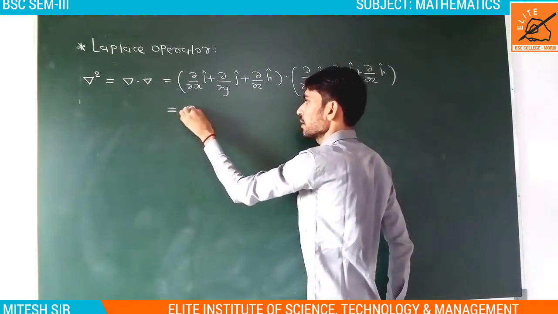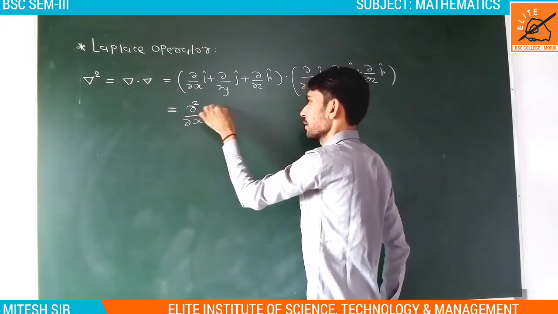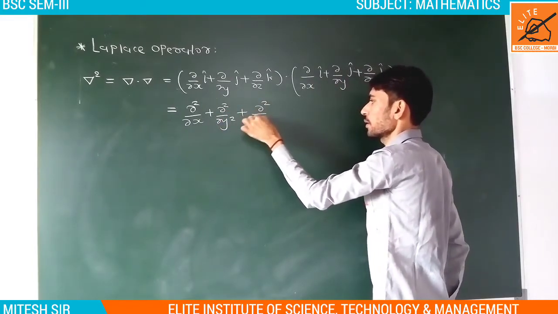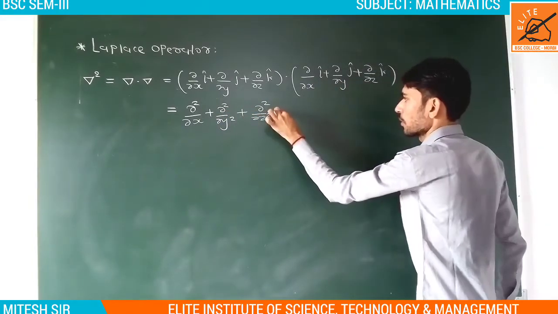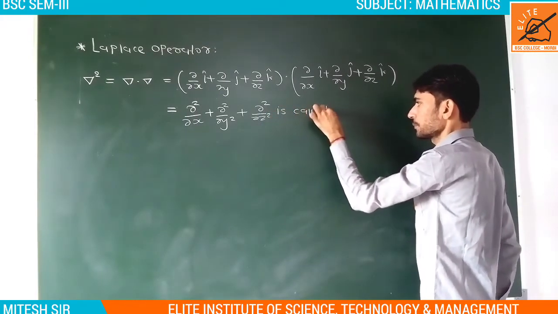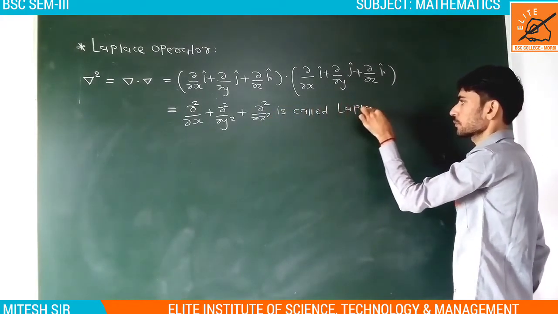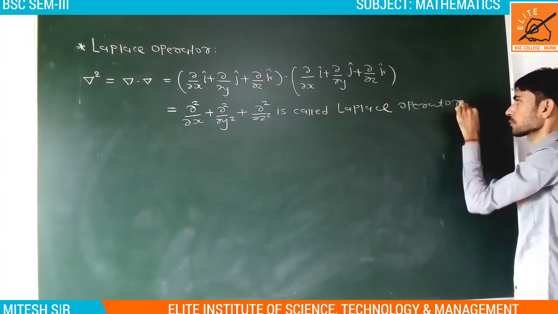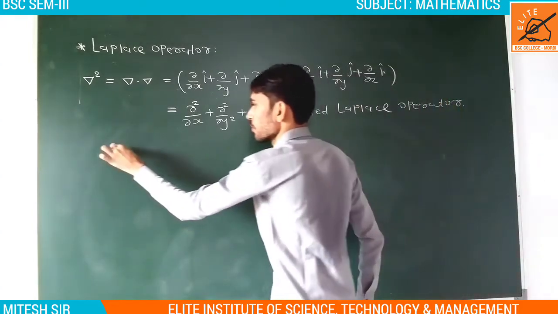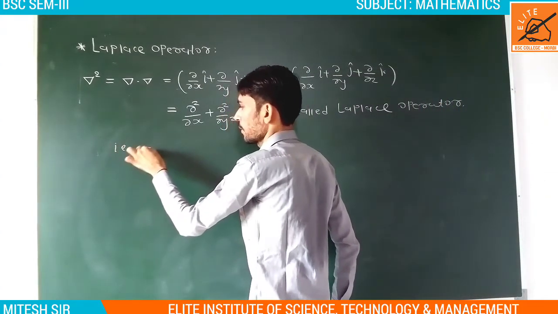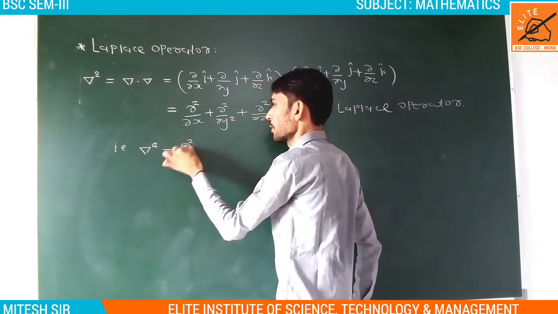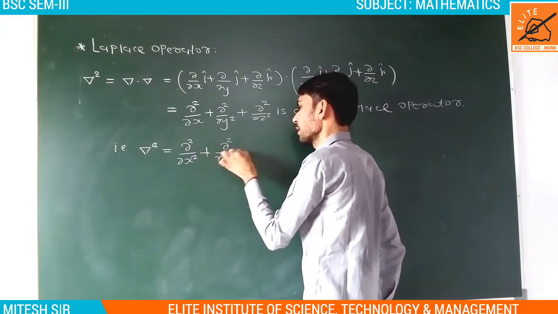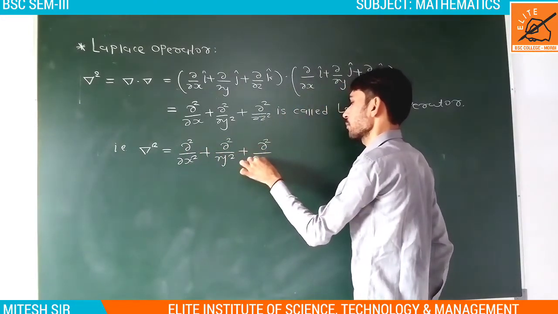The answer of this is nothing but del square upon del x square plus del square upon del y square plus del square upon del z square, which is called the Laplace operator. So in short, here we write nabla square is equal to del square upon del x square plus del square upon del y square plus del square upon del z square.